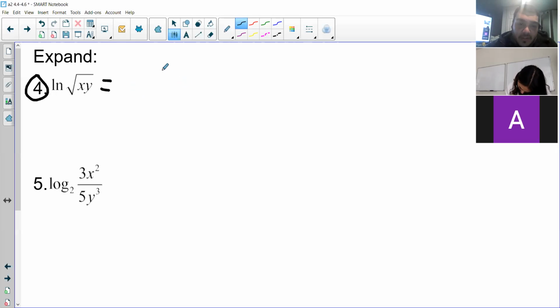I could rewrite a square root as an exponent. What would be the exponent for a square root? If anyone remembers, the square root exponent. I'll give you a hint. It involves the little 2 on the inside.